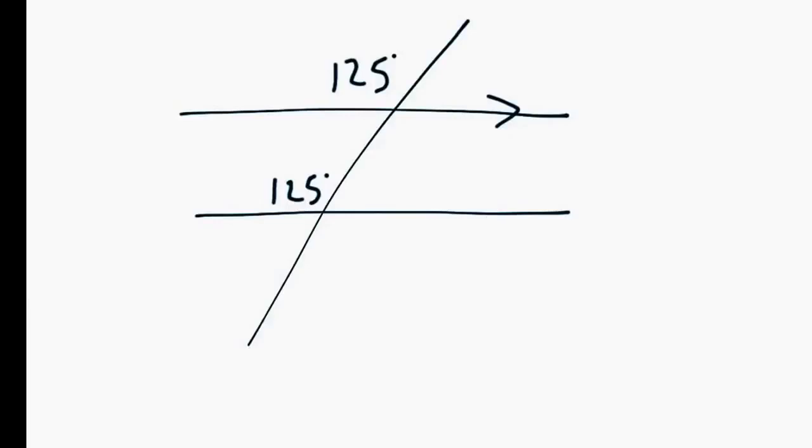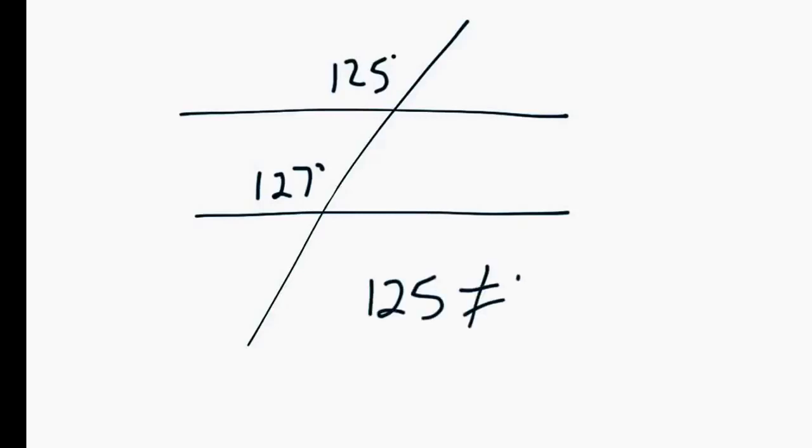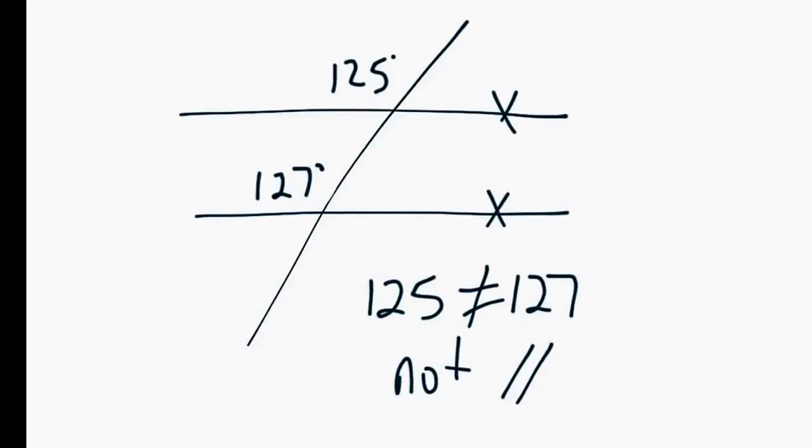Or we could do the opposite. If I said this angle was 125 and the one down below was 127 degrees, now they're not the same. So 125 doesn't equal 127, and therefore these two lines would not be parallel. One's at a bit of an angle. So the rules can work both ways.